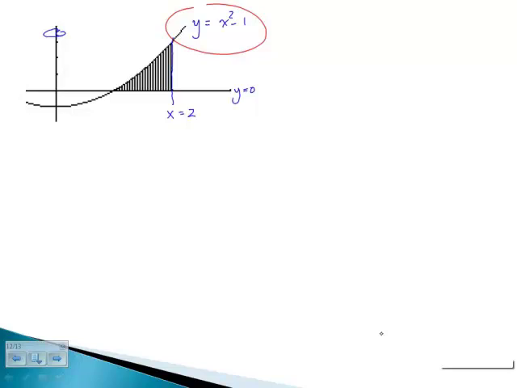So we need to begin by solving this equation for x. To do that, we have y equals x squared minus 1. We begin by adding 1 to either side of the equation. This will give us y plus 1 equals x squared. Then we take the square root of both sides, so that x is equal to the square root of y plus 1.